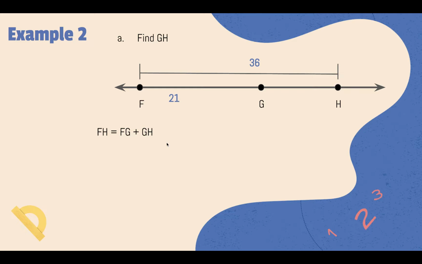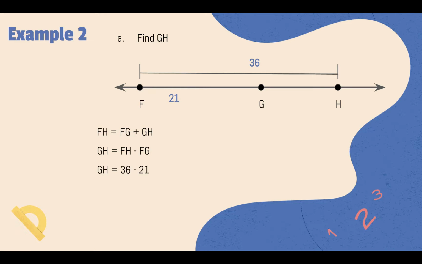So we're going to go ahead and rearrange this equation to get GH by itself on the left-hand side, because GH is what we're solving for. So GH, this piece, is equal to this entire length FH minus this part, FG.